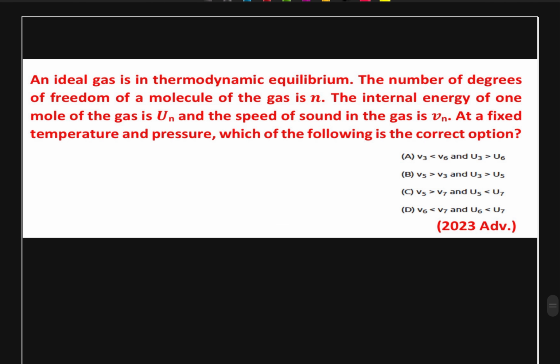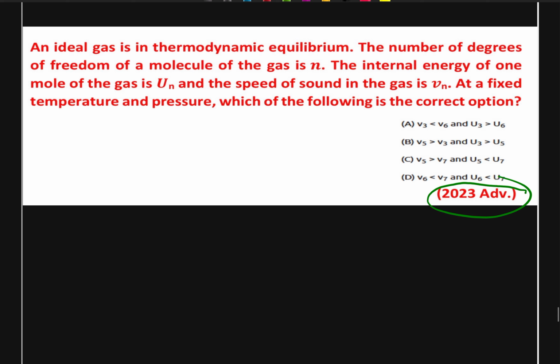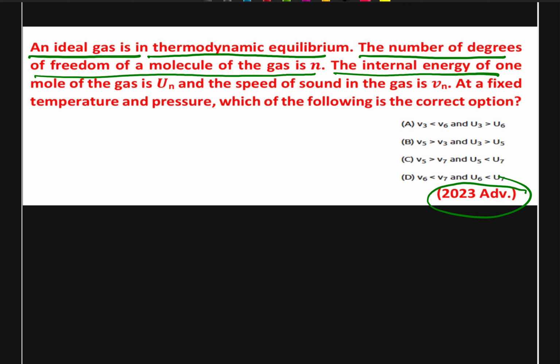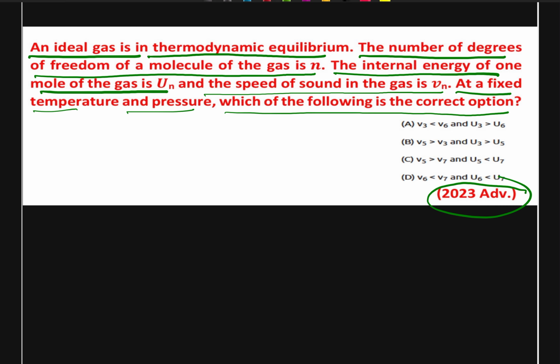So it was also asked in JEE Advanced 2023, and it states that an ideal gas is in thermodynamic equilibrium. The number of degrees of freedom of a molecule of a gas is n. The internal energy of 1 mole of gas is U_n, and speed of sound in the gas is V_n. At a fixed temperature and pressure, which of the following is the correct option?